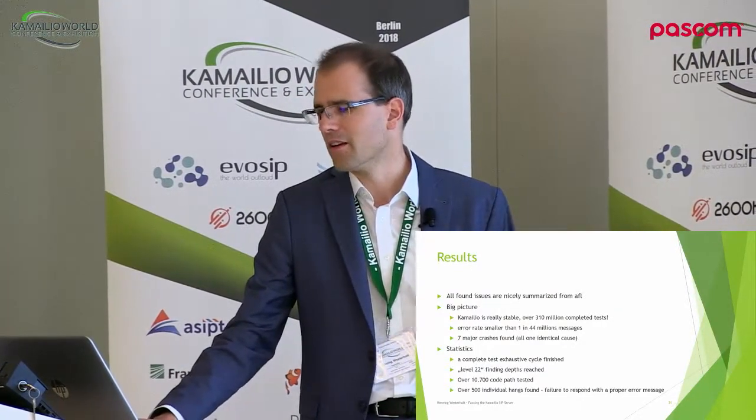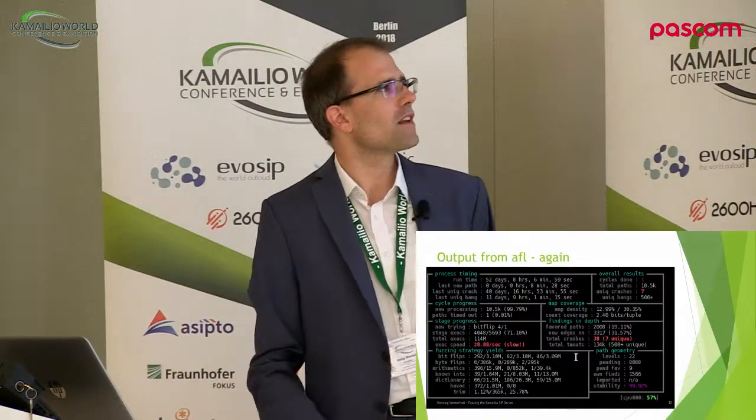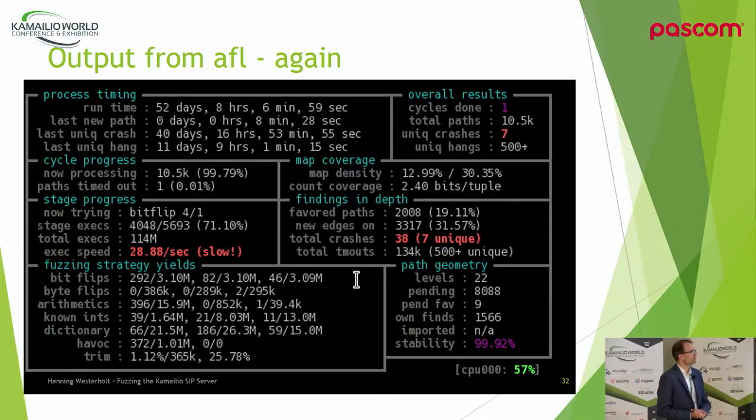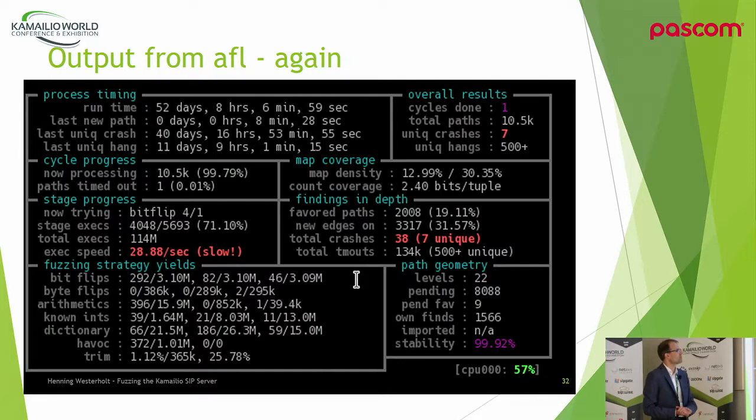But this is something I want to investigate more. There are probably some cases which can be fixed, but this is not that critical, of course, compared with the crashes. So again, this is the overview of the AFL output, the graphical user interface, more or less.